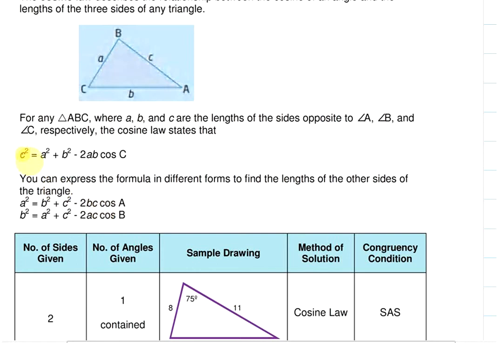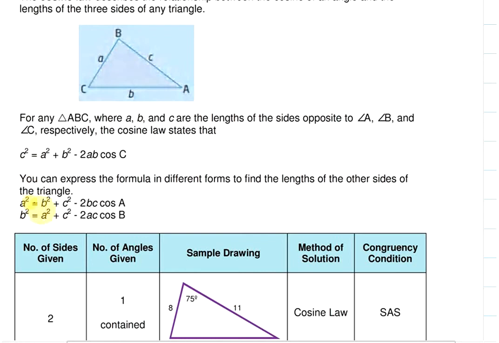But just so that you can see some patterns here. If I'm looking for side c, then I'm going to square the other two sides and add them. So a squared plus b squared minus, and then a times b, which are my two other sides, multiplied together, times the cos of C, the angle opposite the side I'm looking for.